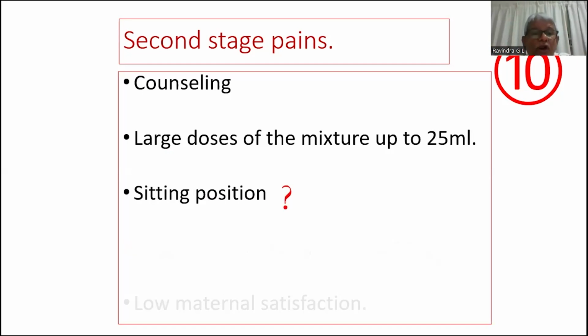The next important issue is sitting position. There are many people who say that if you make the patient sit up, the epidural drug descends down. This is a very, very controversial issue. The gravity spread of local anesthetic is very prominent in spinal anesthesia, whether it is a hyperbaric, isobaric, or hypobaric solution.